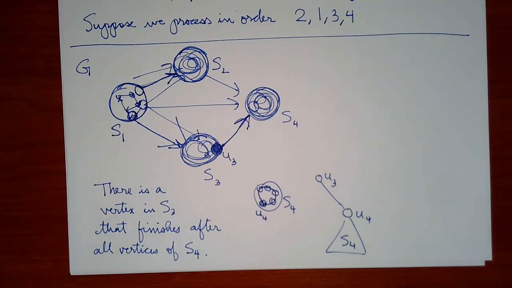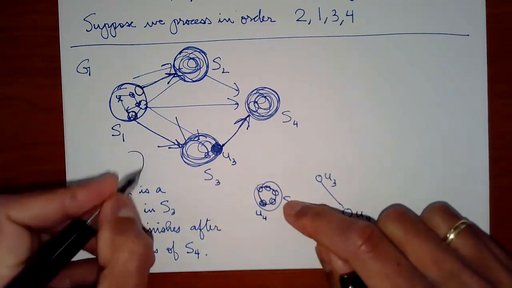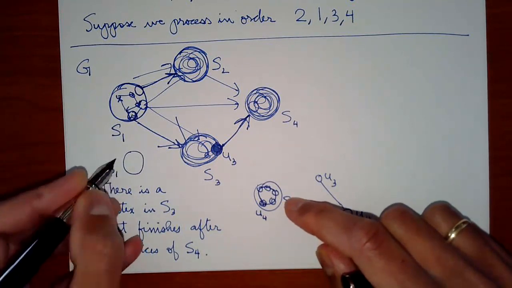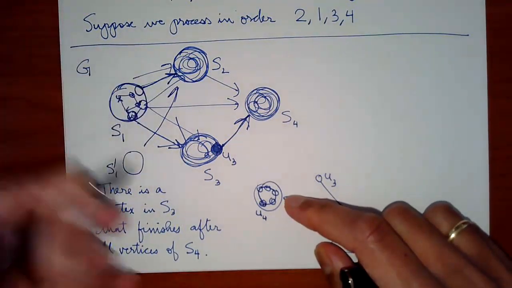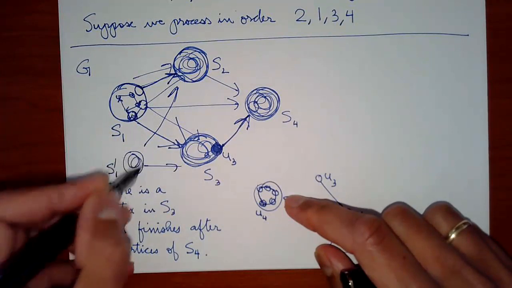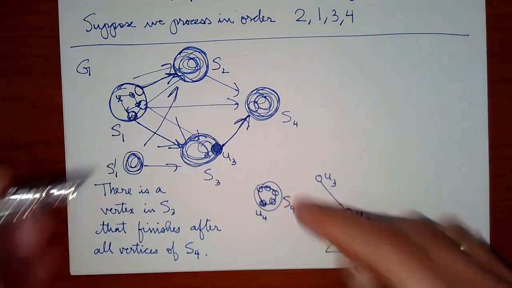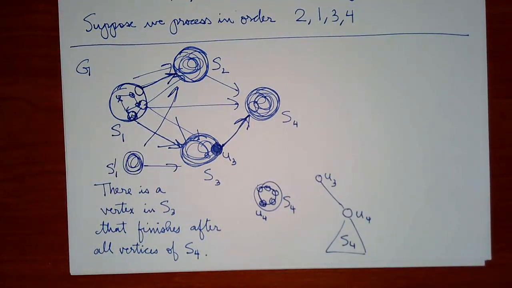Well, even that is not entirely true. Let's be a little bit more careful about that, because there could be two components, S1 and I'll call it S1 prime. Between these, you don't know who's going to finish last.